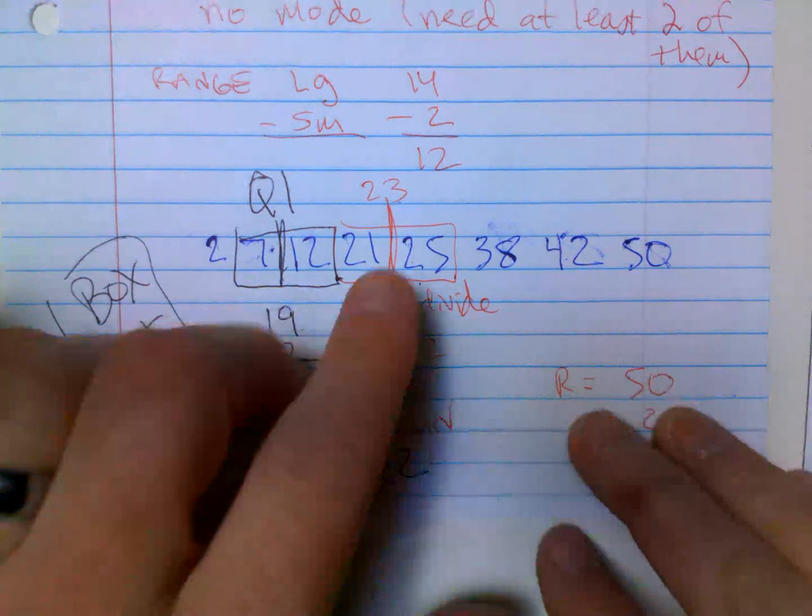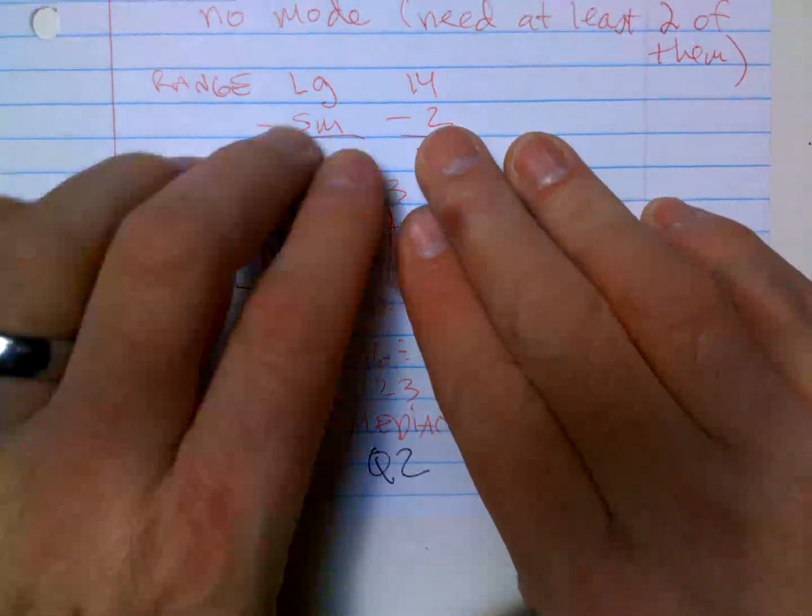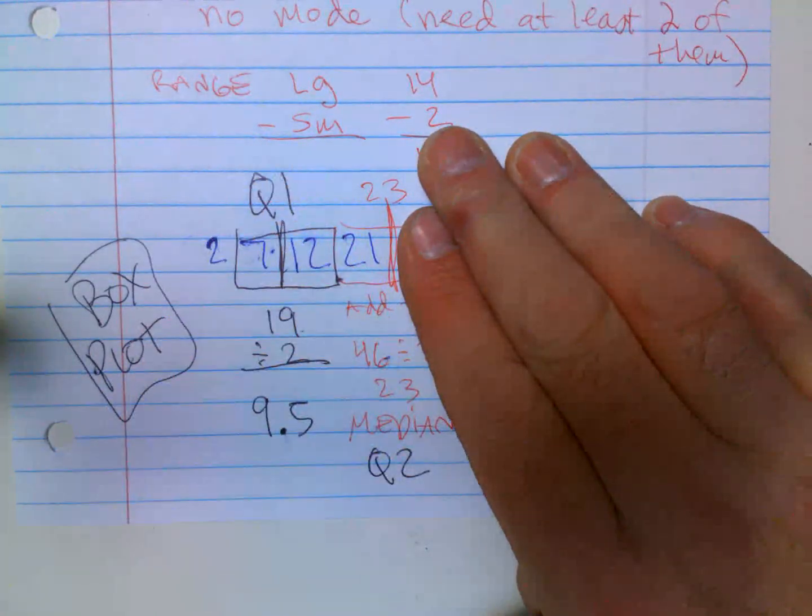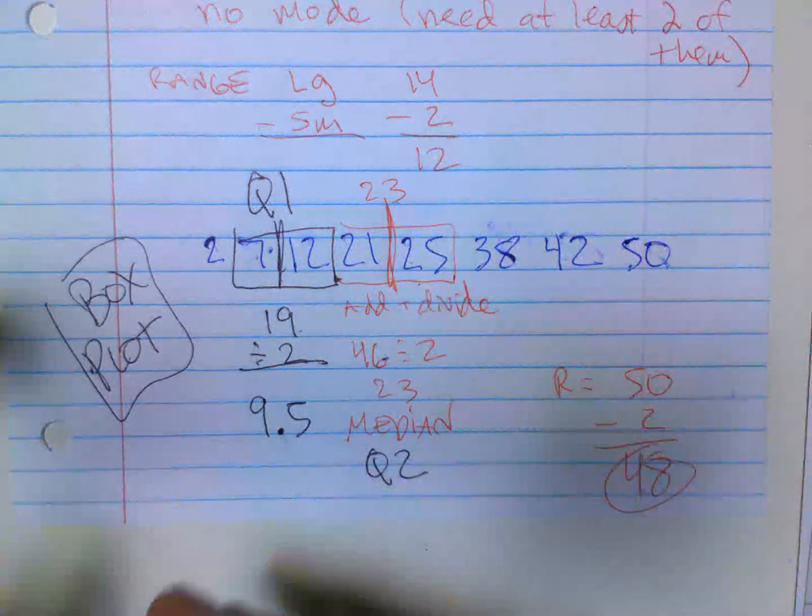And I cut it in half, okay? Then I'm going to take the halves and cut them in half. And we're calling them quartiles. Quartile is dividing them.